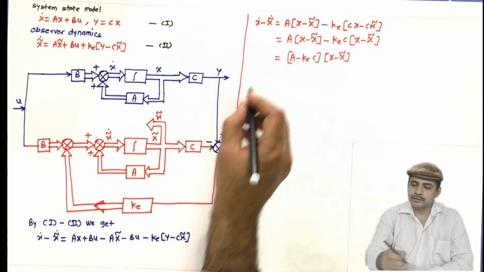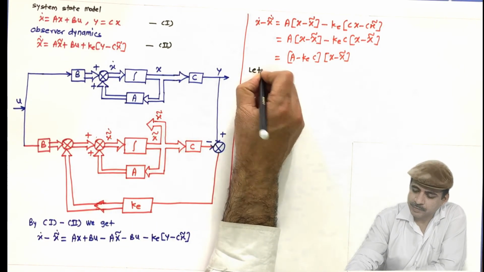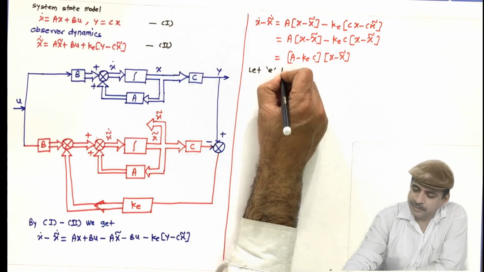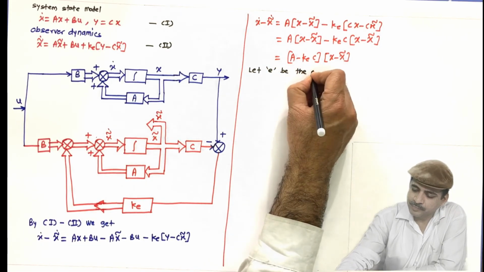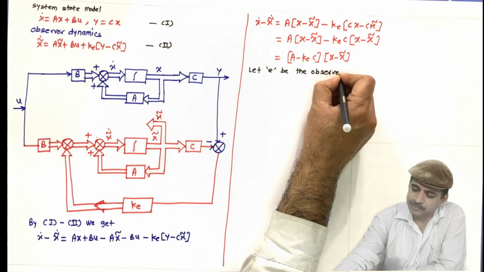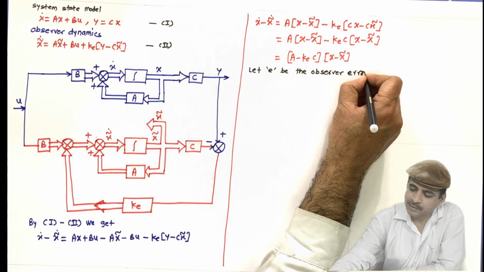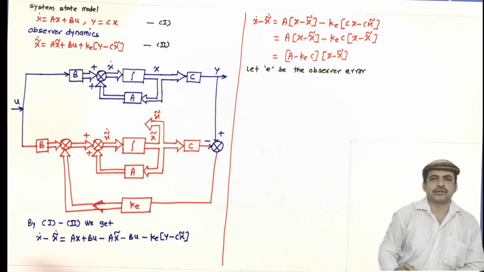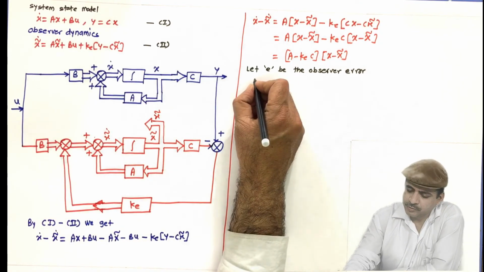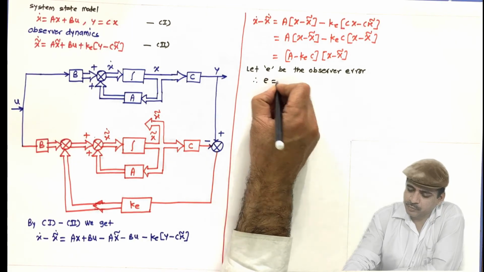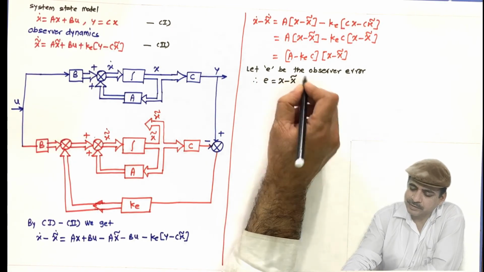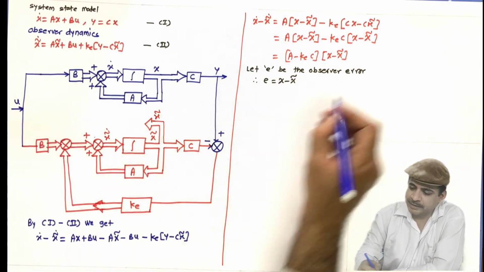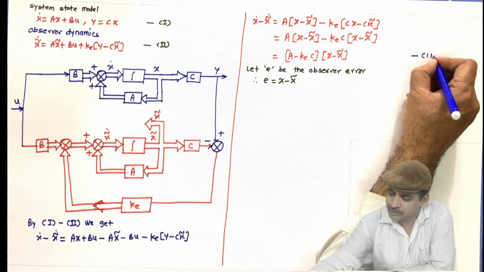Now let E be the observer error, and no doubt observer error means it will be the difference between the actual state and estimated state. So E is equal to x minus x tilde, and then what I get, let me call this as equation 3.